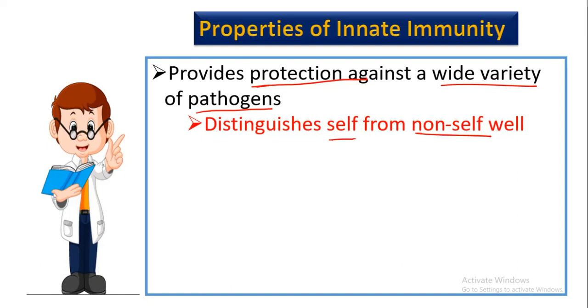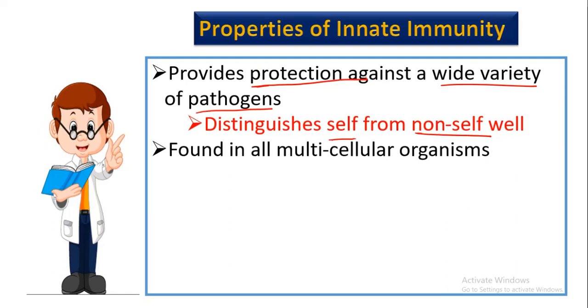So please make sure that you take note of that. So where is this found? This type of immunity system is found in all multicellular organisms. So this means that dogs have it, cats have it, humans have it, all people have this type of immune system.